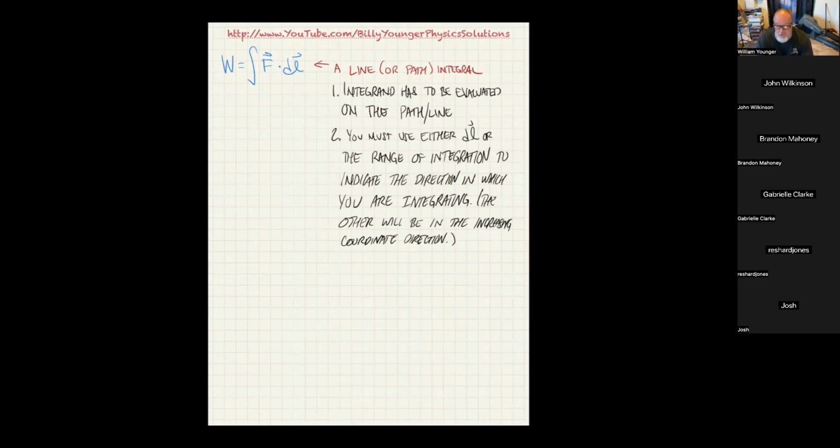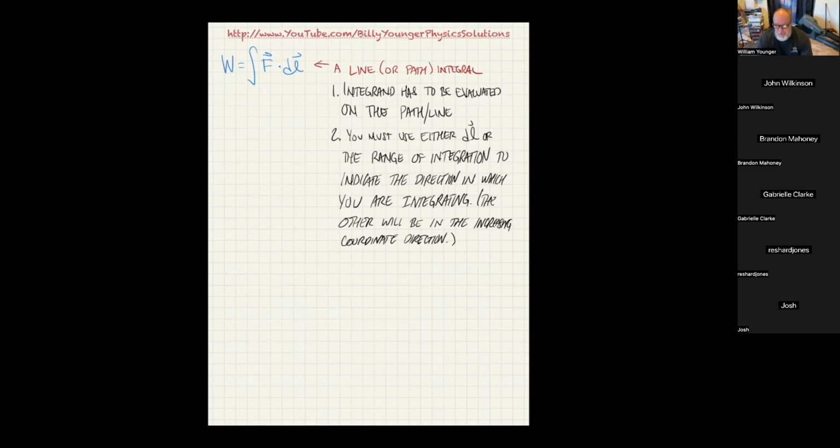So you're either going to use the range of integration, like if you're integrating from x equals 0 to x equals 5, you can indicate that by integrating from x equals 0 to x equals 5, and then you just put DL in the positive x direction. Well, in that case, that happened to be the same direction you were going, so it looks like you're actually using both ways to indicate the direction. That's not the case.